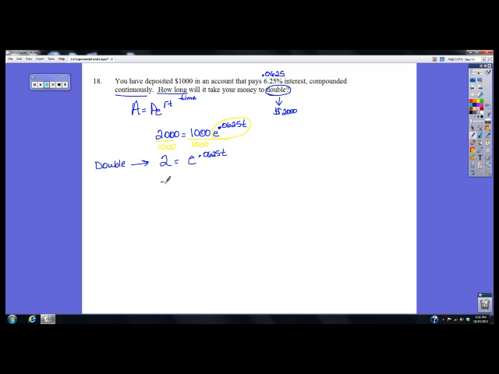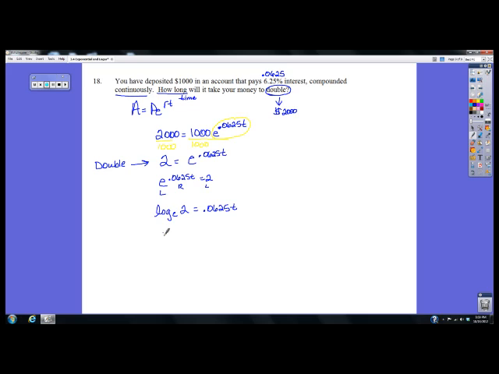Now I'm going to flip this around. e to the 0.0625t equals 2. So that I can go left, right, left, and turn this into logs. Log base e of 2 equals 0.0625t.